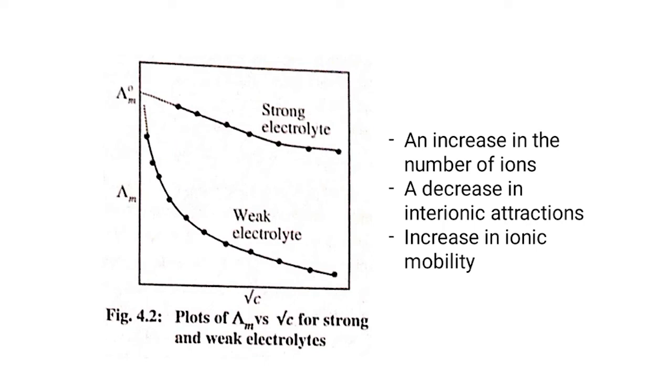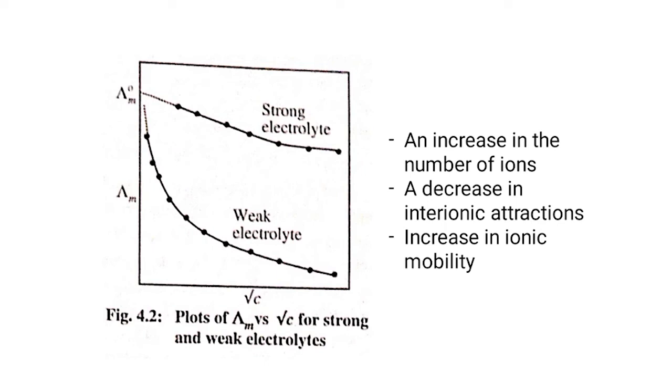This is because with dilution, the interionic attraction decreases, thereby the velocity or the ionic mobility and the conducting capability of the ions increases. So as the ionic mobility increases, that will increase the conducting capability of ions. So at high dilution, the interionic attraction becomes negligible and the molar conductivity reaches its maximum limiting value, which is known as the limiting molar conductivity or the molar conductivity at infinite dilution.